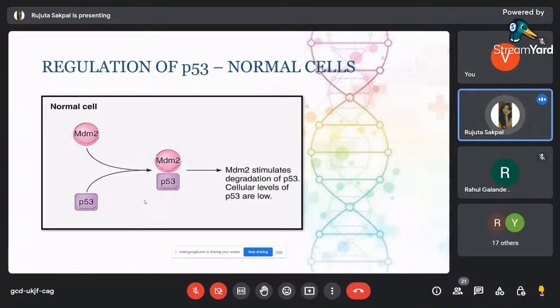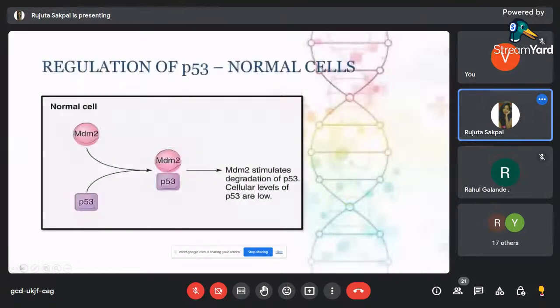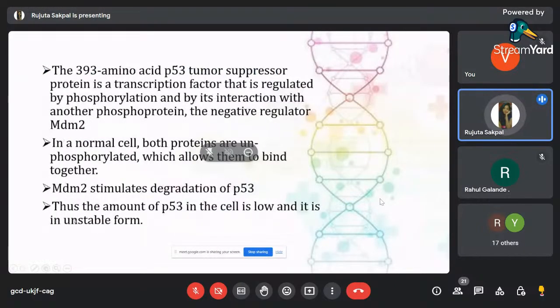MDM2 binds to P53 and decreases its concentration, which is why it does not cause abnormal cell growth. Here is the explanation.